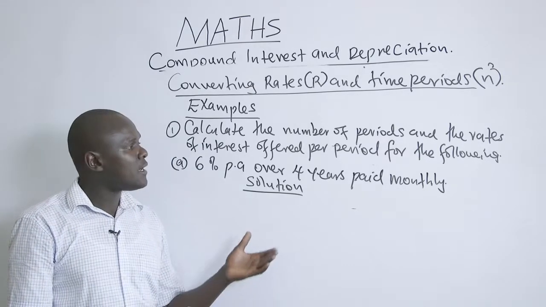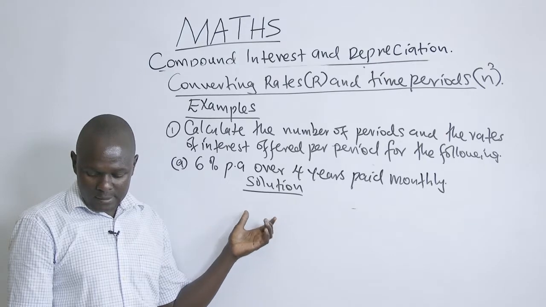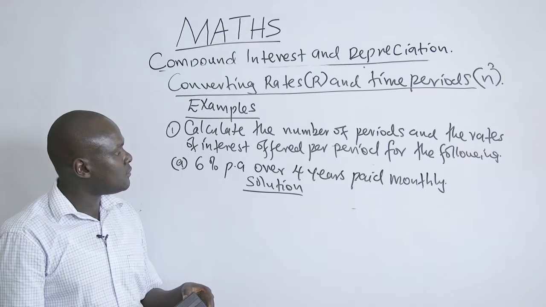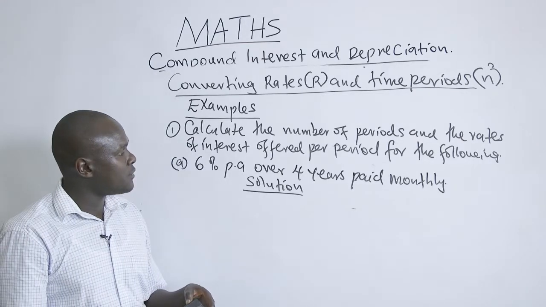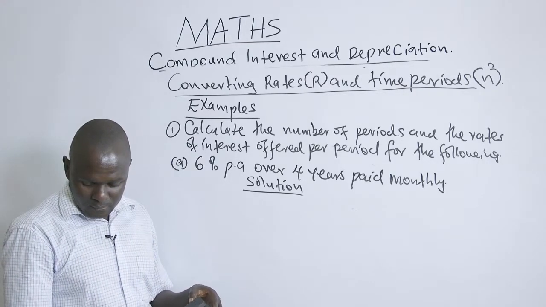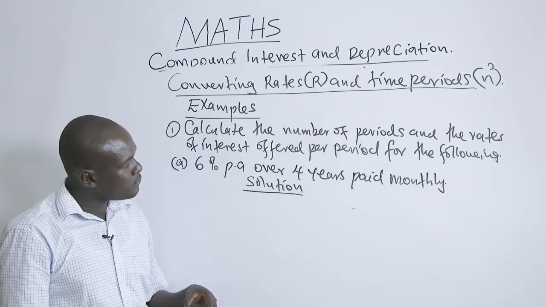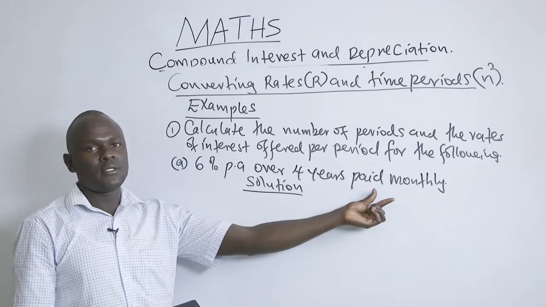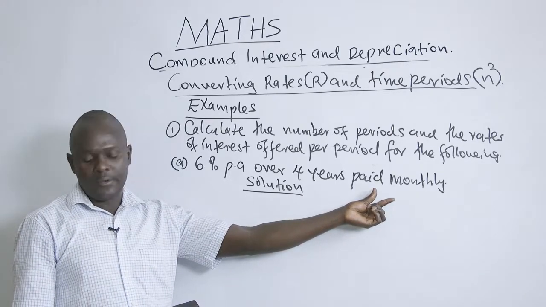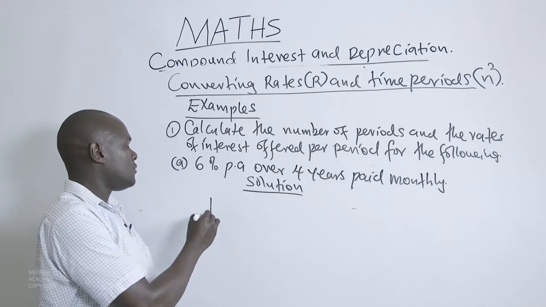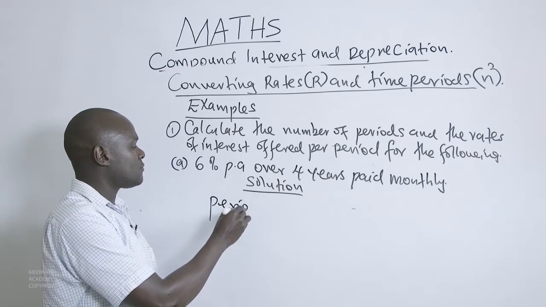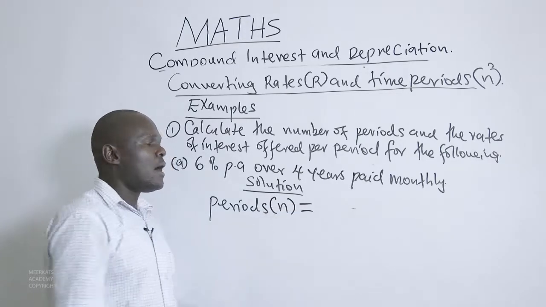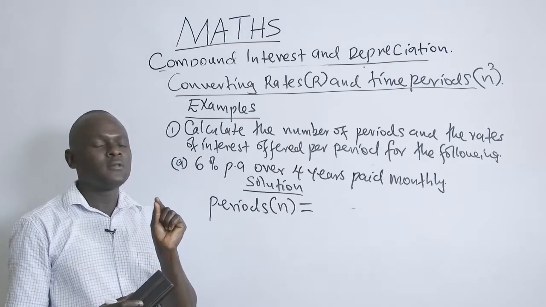Maybe we can start by calculating the periods. How many periods will we have? Remember, these rates are going to be compounded monthly. So the number of periods, small letter n, how many periods do we have in a year?